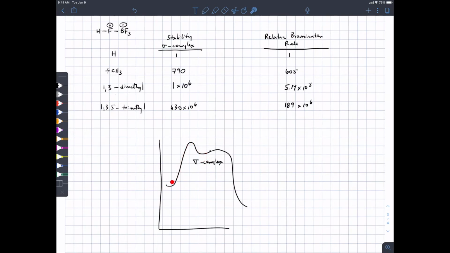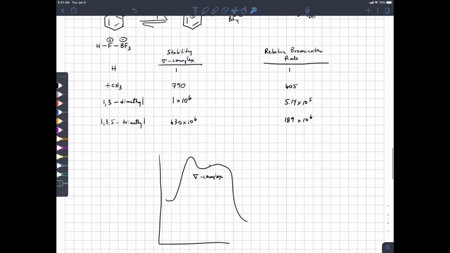Rate will be determined by the energy between here and the transition state, but the transition state resembles the sigma complex by the Hammond postulate. So this is pretty good evidence. You can measure the stability of the sigma complex directly, and relative bromination rates track with stability of the sigma complex. So that's pretty good, solid evidence that the sigma complex is an intermediate in electrophilic aromatic substitution.